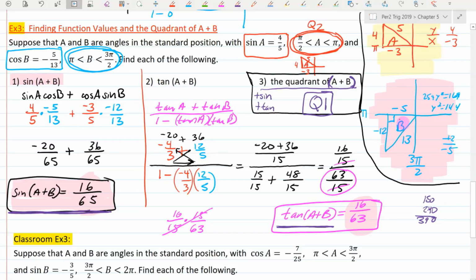If I added A plus B together and we went 390, we would be in quadrant 1. It's not 390, I'm making up those numbers, but basically that's what they're saying. The angle for A in quadrant 2 and the angle for B in quadrant 3 added together would put A plus B in quadrant 1.